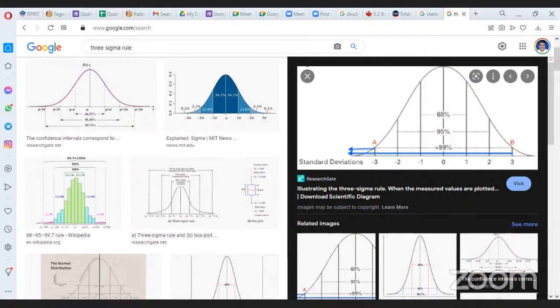Therefore, what is important? A large number of data. And the second one, repeated observation.